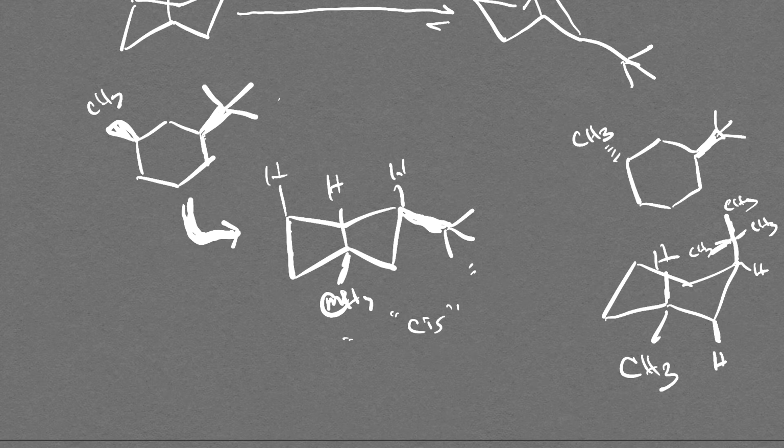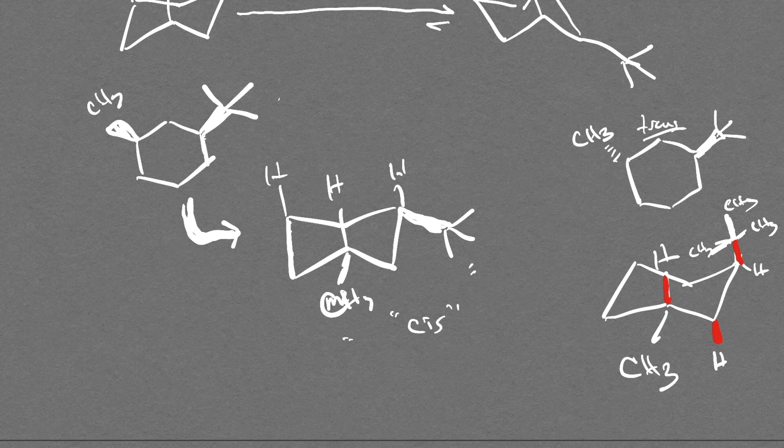If I draw the T-butyl group axial, then that's axial, that's axial, that's axial, right? But I notice they are trans from each other. In a trans configuration, that means that if this is axial, that has to be equatorial, and vice versa, right?